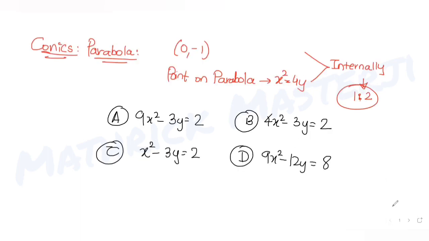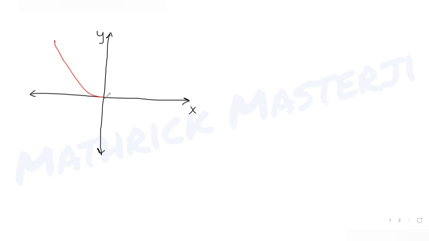I have been given that there is a point on the parabola. If I draw this parabola, x squared equals 4y, with the y-axis and x-axis, it is a U-shaped parabola.